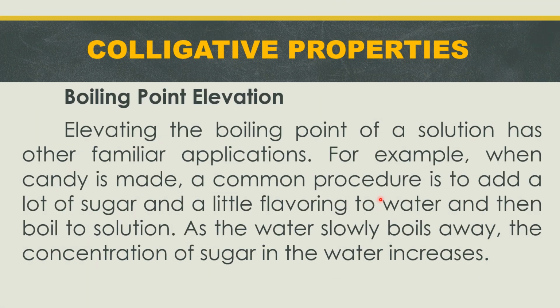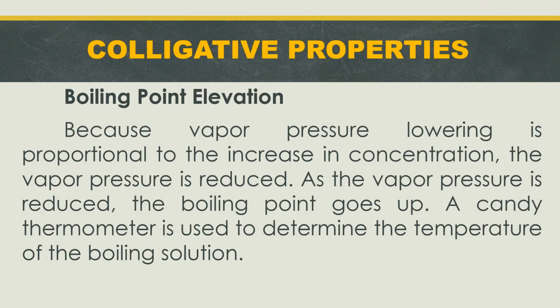Elevating the boiling point of a solution has other familiar applications. For example, when candy is made, a common procedure is to add a lot of sugar and a little flavoring to water and then boil the solution. As the water slowly boils away, the concentration of sugar in the water increases. This is just another example of the application of boiling point elevation. Because vapor pressure lowering is proportional to the increase in concentration, the vapor pressure is reduced.